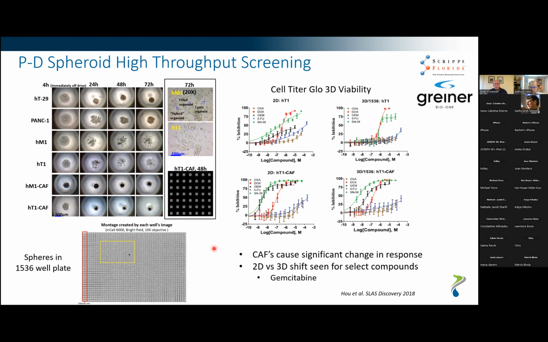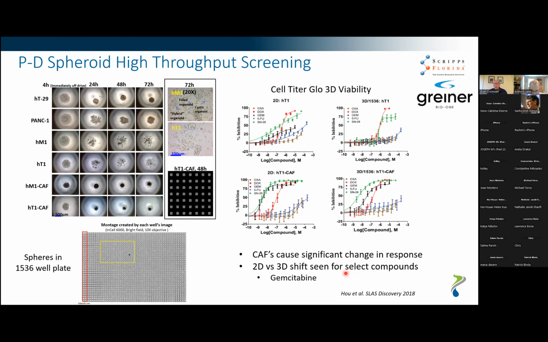He did this in 1536-well plates, so a real tour de force if anyone's worked at that level of miniaturization. And then for the output, instead of using imaging, he used CellTiter-Glo 3D viability measurement for ATP. And he was able to see, first, significant differences between just the cell lines themselves and the cell lines with the fibroblasts. And then also differences between 2D and 3D.